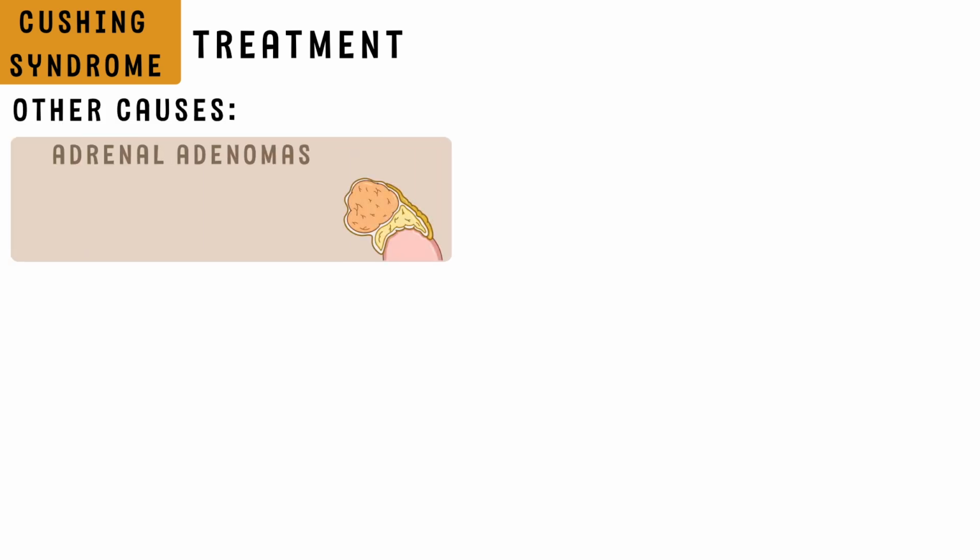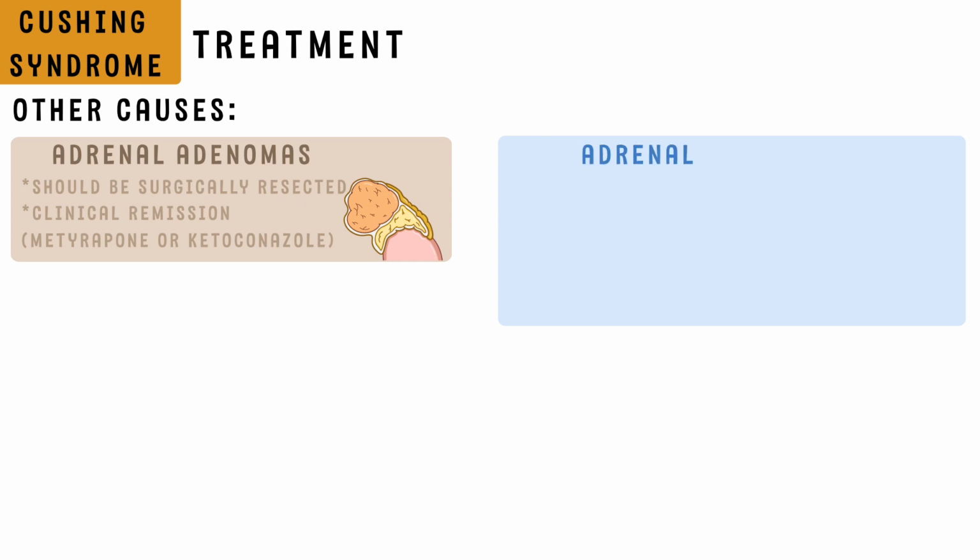For Cushing syndrome due to other causes, for example adrenal adenomas, they should be surgically resected once clinical remission is achieved with metyrapone or ketoconazole. Contralateral adrenal suppression might persist for over a year post-surgery. Second is adrenal carcinomas. Adrenal carcinomas are aggressive with a poor prognosis.